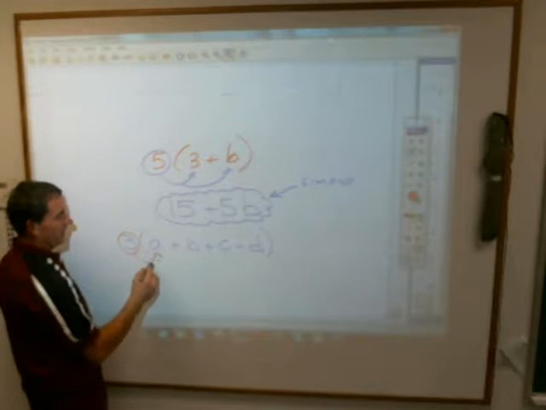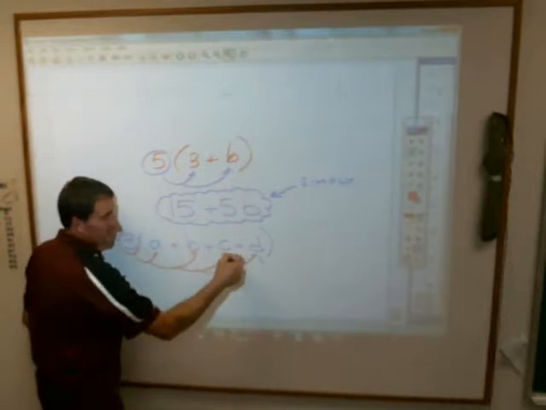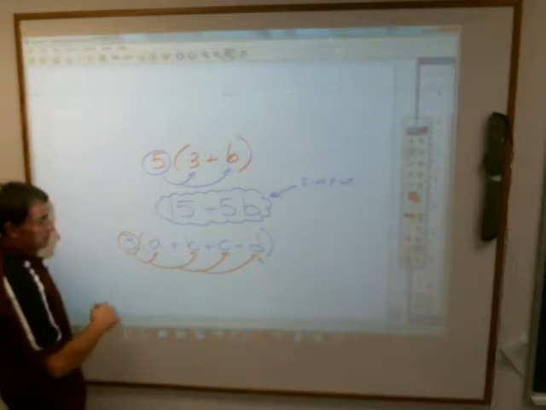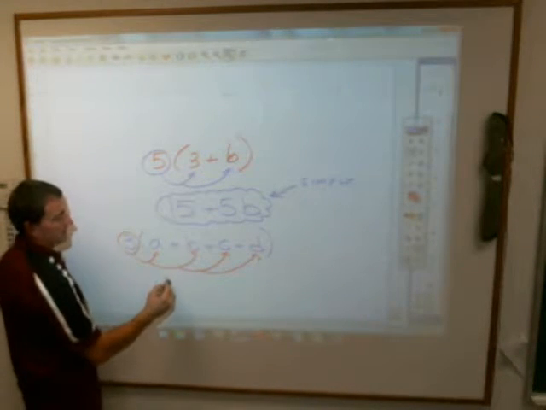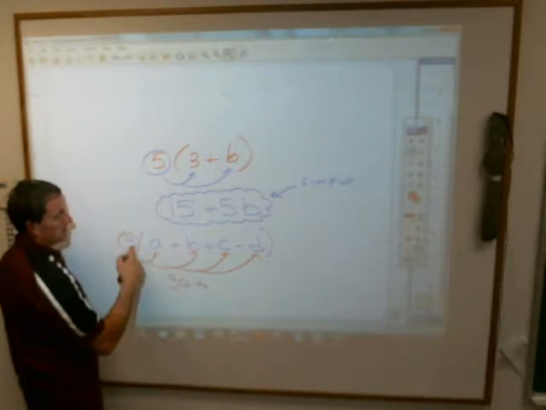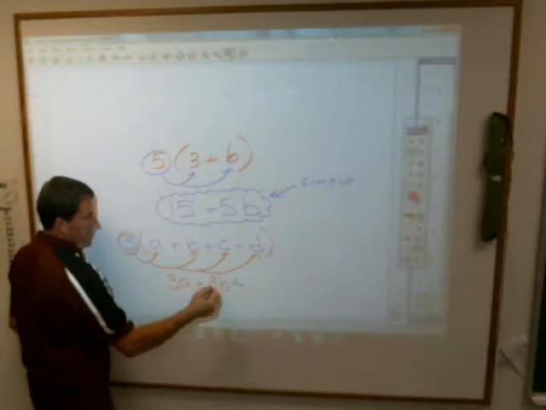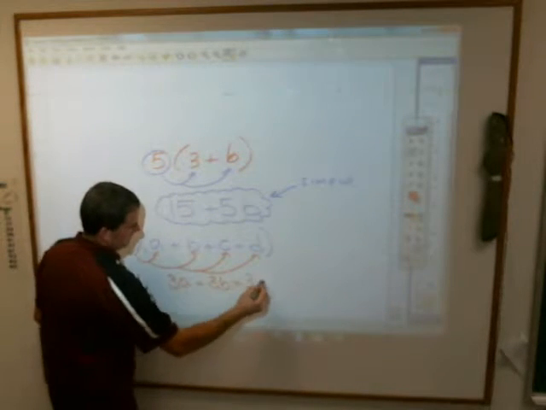You're going to multiply it by the A, by the B, by the C, and by the minus D, which is going to give you 3 times A is 3A, plus, because this is an addition sign, 3 times B is 3B, plus 3 times C, which is 3C.